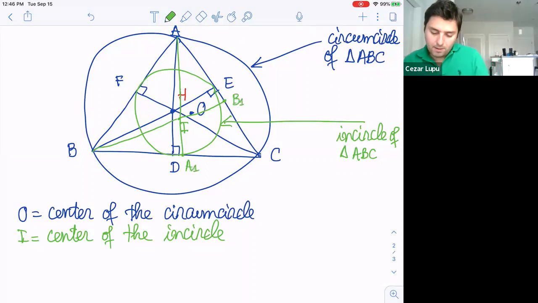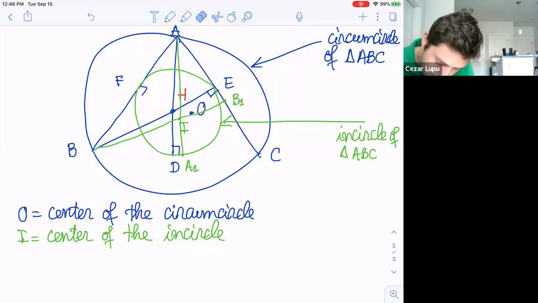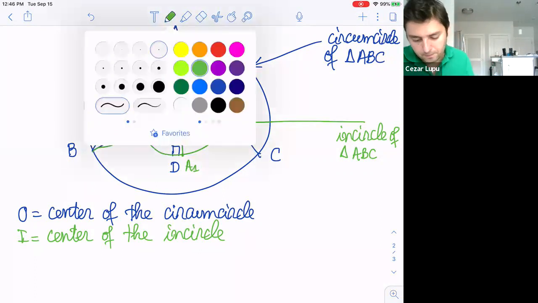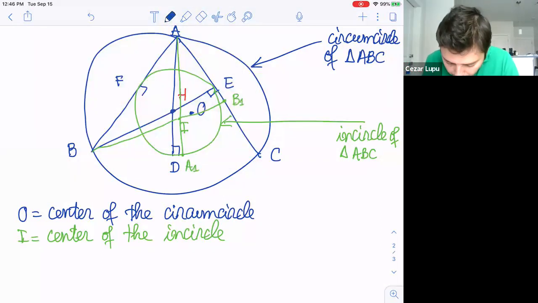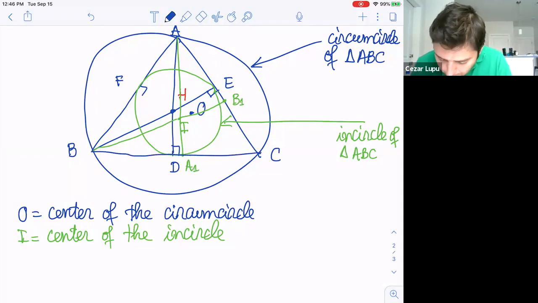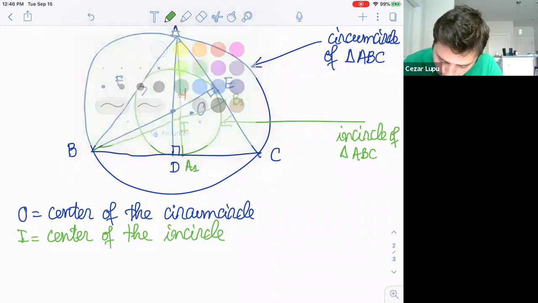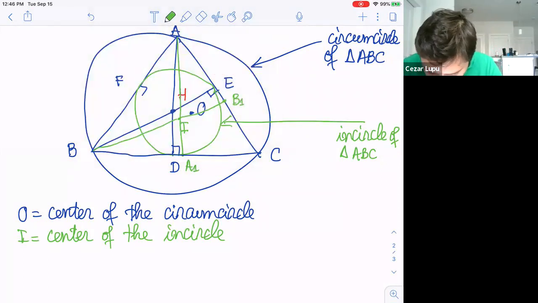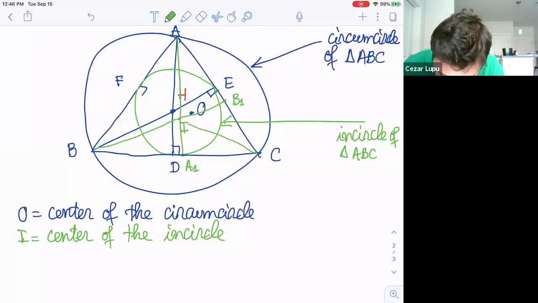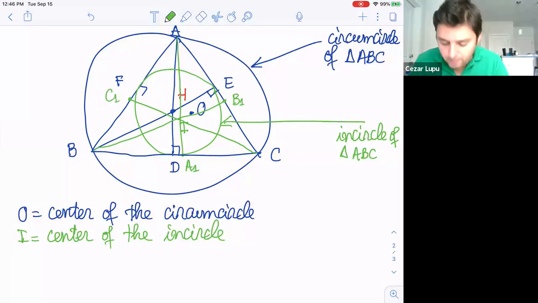And if I draw now from C through I, touching all the way to here, let's say this is C1. Well, guess what? These guys, A1, B1, C1 are the legs of the bisectors.